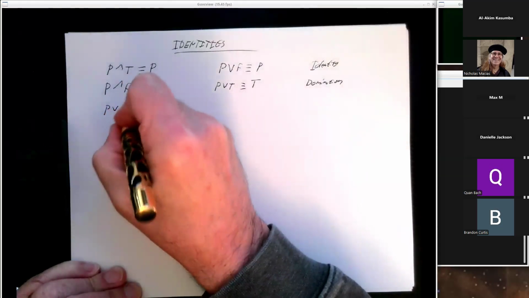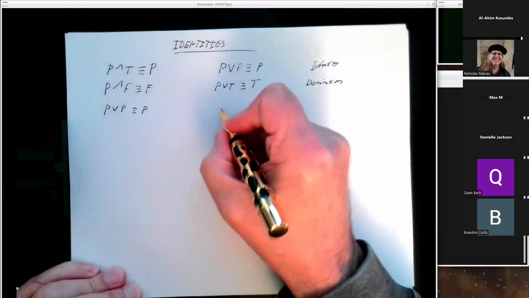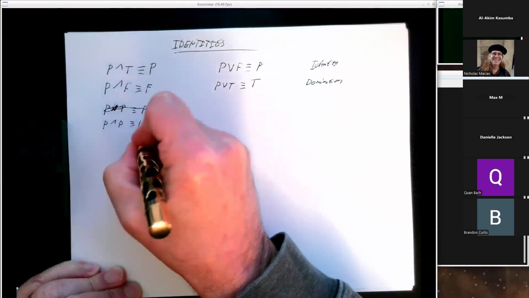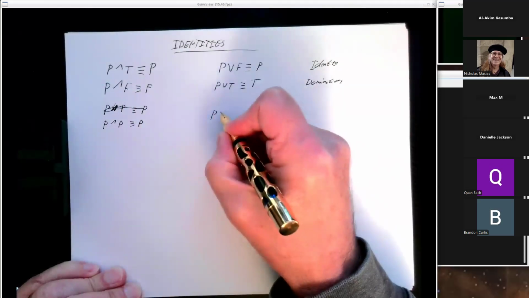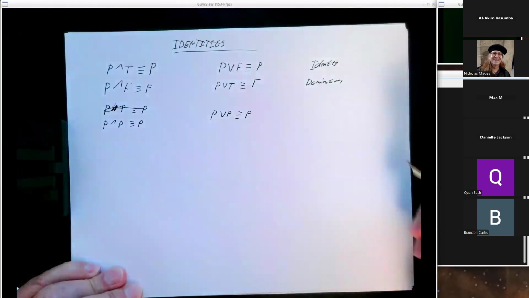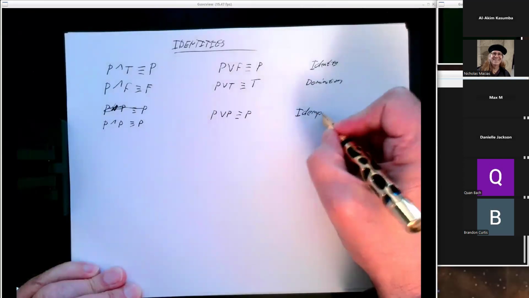And if we take P or P, that's equivalent to P. We put P and P over here. So P and P is equivalent to P, and P or P is equivalent to P. And that's called idempotence.